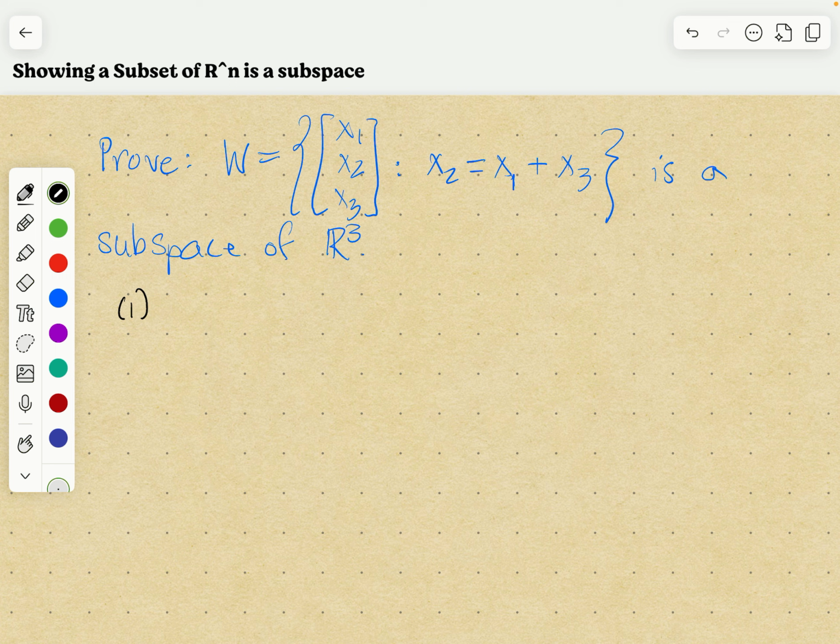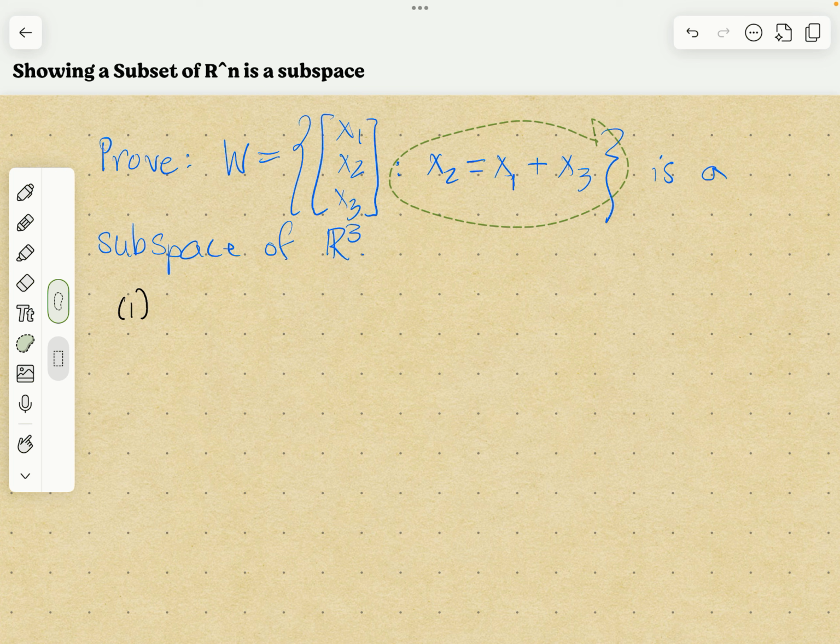So how do we check that the zero vector is in here? Well, remember, what do we need to do to check whether something is in W? We need to check whether the second component is equal to the first component plus the third component. That's what this condition for W means. If you think about what makes something in W, it's whether this equation holds.